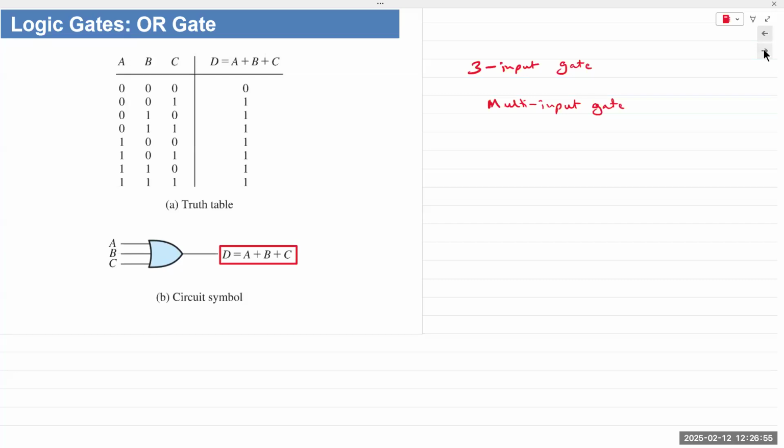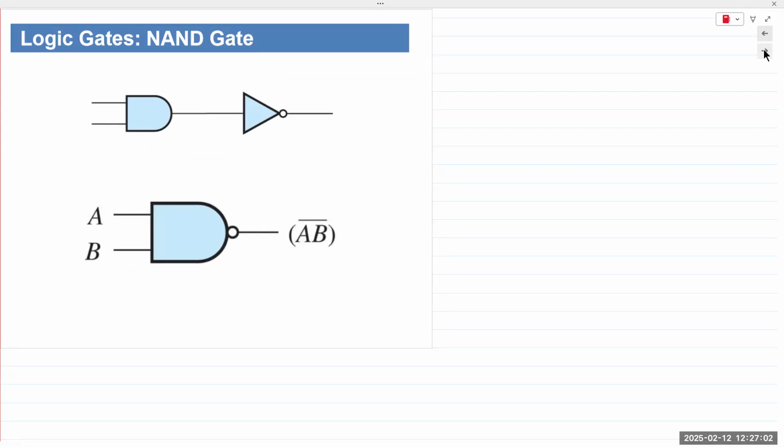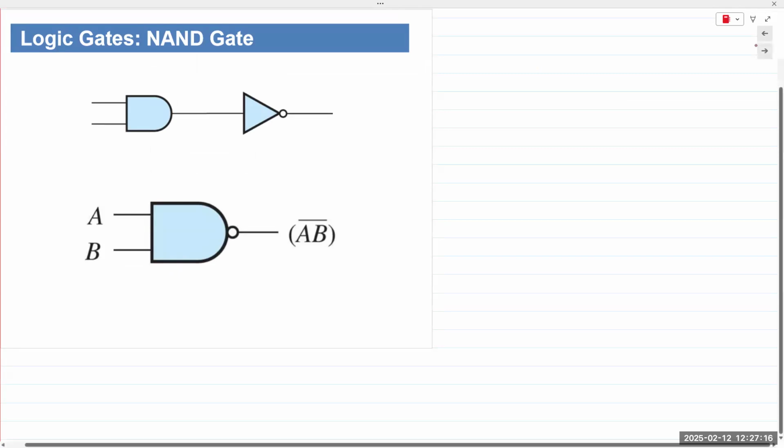All right. So from the OR gate, we go to two of the other important gates, which are the NAND and the NOR. Effectively, you're adding a NOT gate to an AND gate and a NOT gate to an OR gate, so the output is now flipped or inverted. So you take an AND gate and you connect a NOT gate to its output.